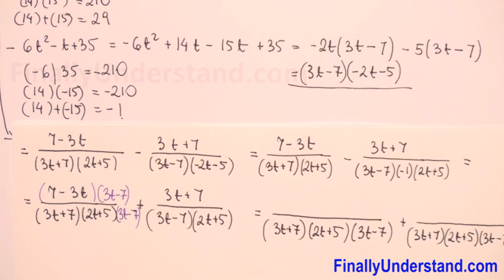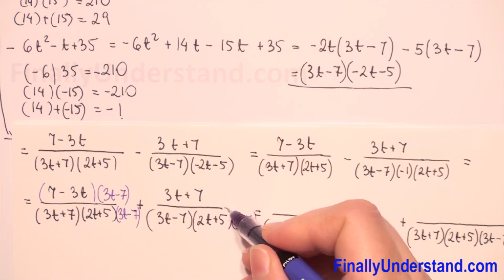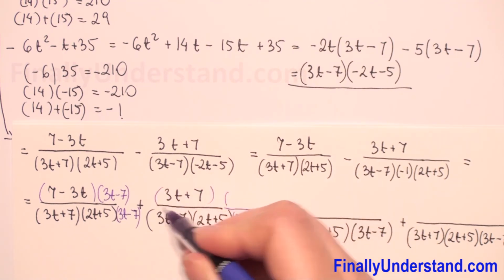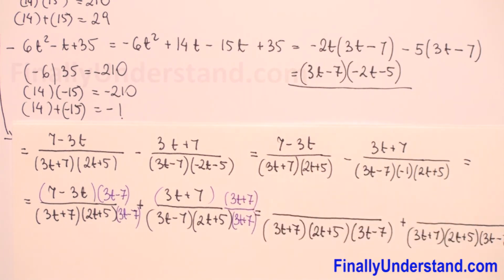And we see that in the second denominator we have 3t minus 7, yes, 2t plus 5, yes, but we don't have 3t plus 7, so we need to multiply this denominator by 3t plus 7. If I multiply the denominator, I have to multiply the numerator by the same, 3t plus 7.